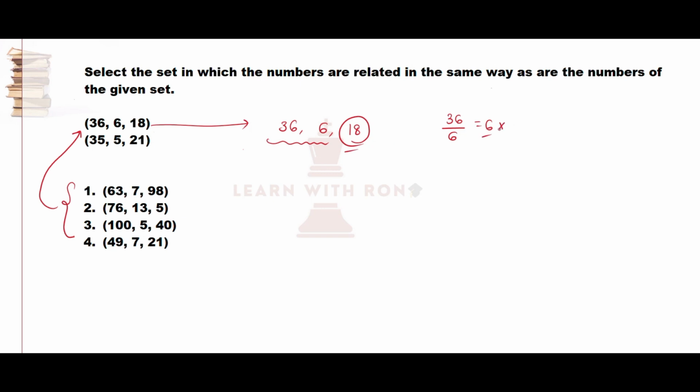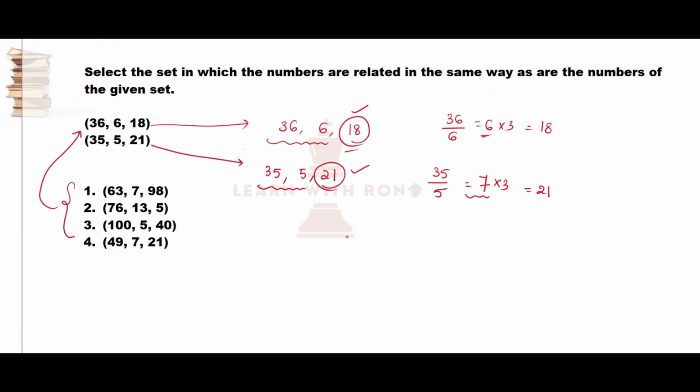If I multiply 3 to the result, I am getting value of 18, which is the third number of the set. Okay, let's see for the second set here. 35, 5 and 21. Same. If I do 35 divided by 5, what is the value do I get here? 7. But we want 21. Again, if I multiply 3 to this result, I am getting a value of 21, which is the third number of the set.